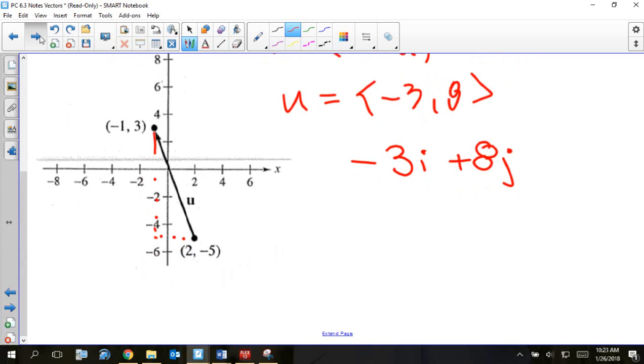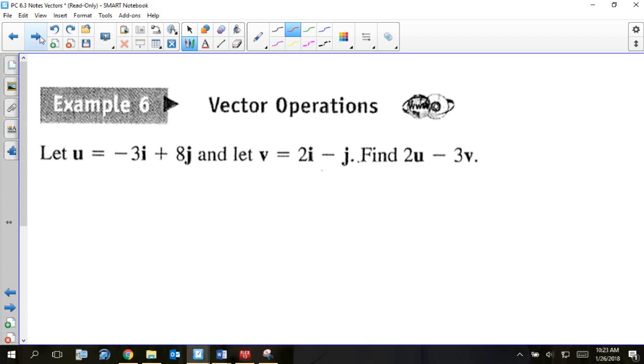So that's it. Next, vector operations. You guys, let's see if you can figure this out without me even having to teach it. We've got u right here, v right here. We need to do 2u minus 3v. What do you think we need to do first? Multiply 2 times u?